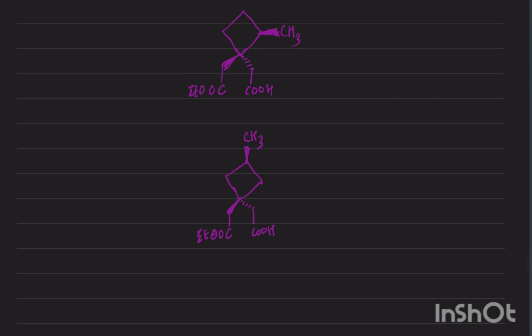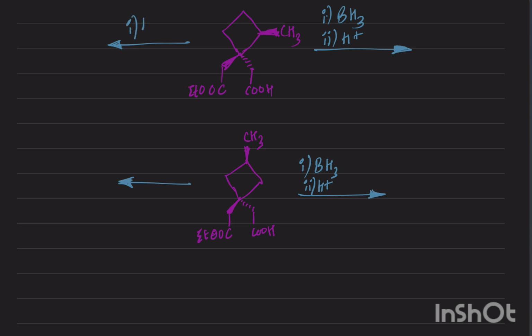And we are going to react these molecules with BH3, and the second step is expressed. Similarly, here also BH3, with the first step and second step. And in the second part of the reaction, the first step is lithium borohydride, and the second one is expressed. Here also LiBH4, and the second one is expressed.